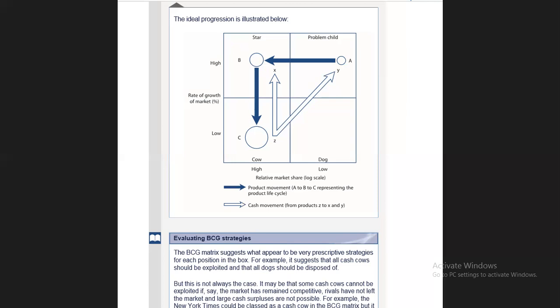Problem child are those which have high market growth but low market share currently. Cash cows are those which have high market share currently but low market growth. And dog products are those which have both low market growth and low market share.